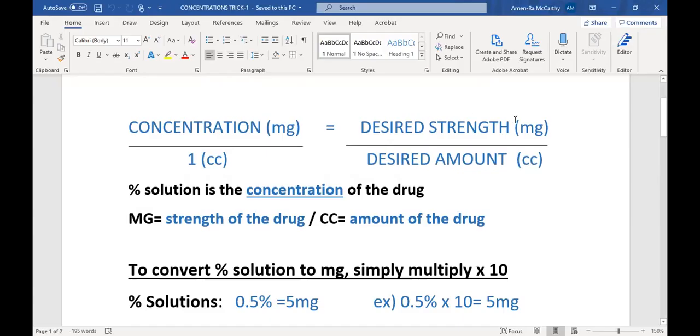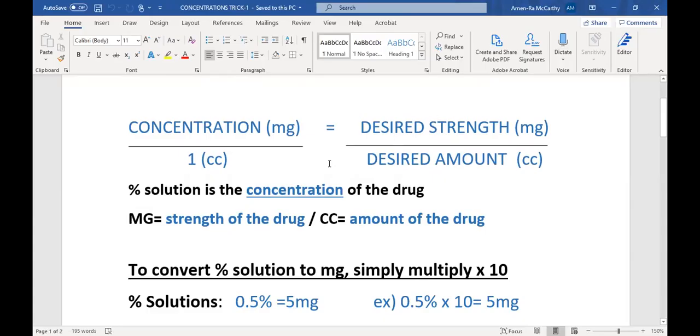And so you have a desired amount over desired amount of pills, right? So if the doctor said, I want you to give 2 pills at a concentration of 0.5%, right? If it's 5 milligrams for every pill, and if I give you 2 pills, then of course you would have 10 milligrams, right? So you can use the same thing, even if you're looking at pills.